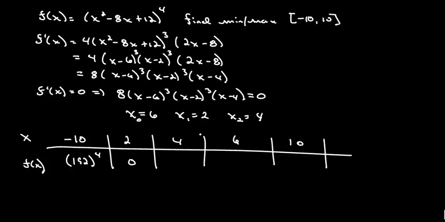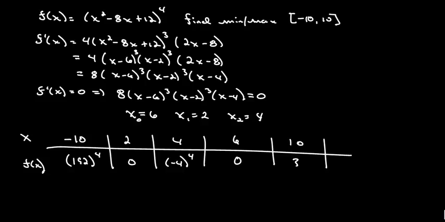When I take 4 and I plug it into here, I've got 16 minus 32 plus 12, which gives me negative 4. And of course, that's still to the 4th power. You can think about it as positive 4 to the 4th power as well, because it'll give you the same value out. When I take 6 and I plug it into there, I get 0 out.